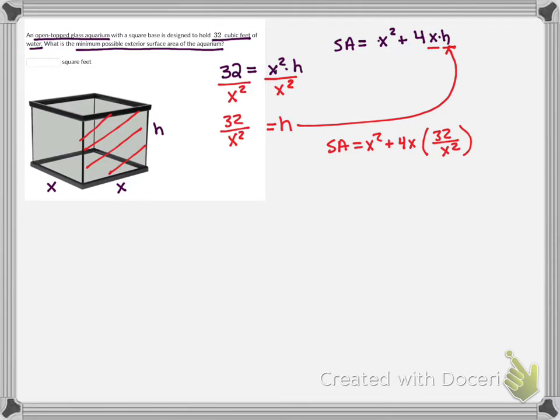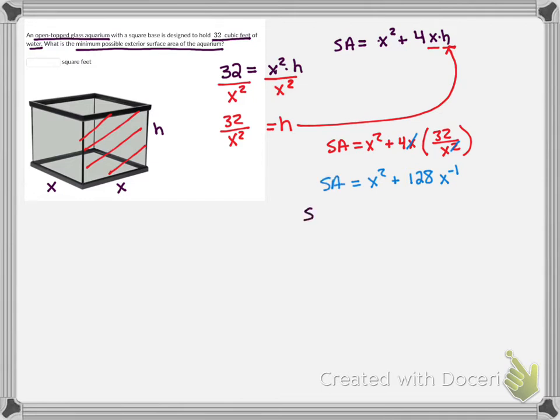A little bit of simplifying. x cancels with one of these x's. We're looking at x squared plus 4 times 32. 4 times 32 is 128. I have x squared, or x in the denominator. I'm going to bring it up as x to the negative 1, because I know that my next step is to take the derivative.